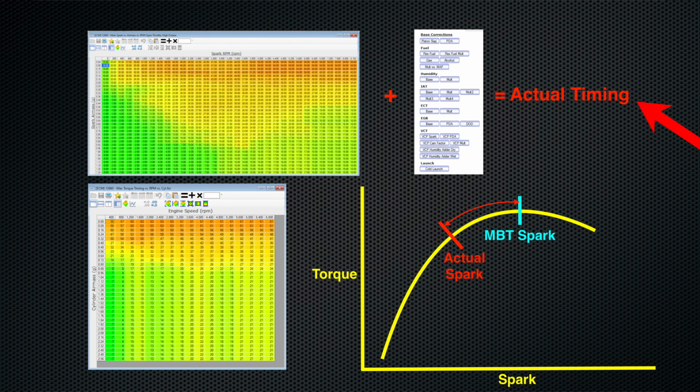So that's our actual timing. If we take a look at our little graphical plot, I'm going to have this yellow curve, and this represents our torque output relevant to the spark timing that we're going to command. So let's just say actual spark timing was 20 degrees of timing. That's my red mark. We can see that the curve, I would be moving.